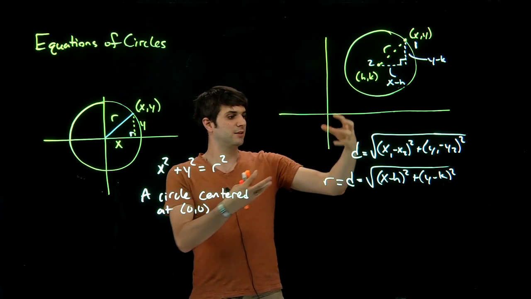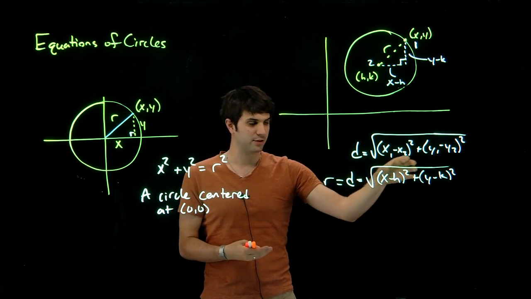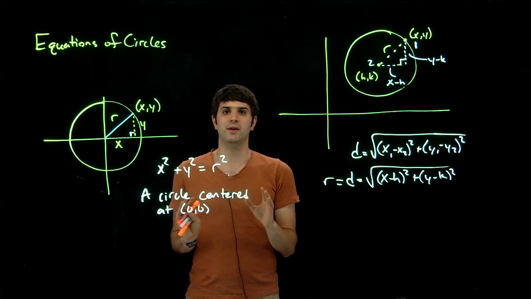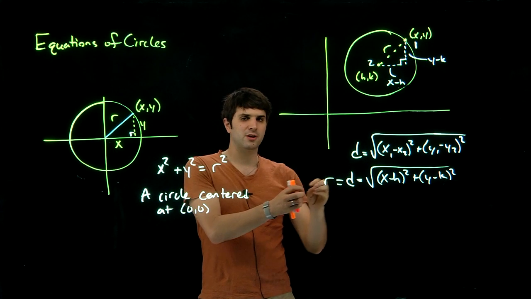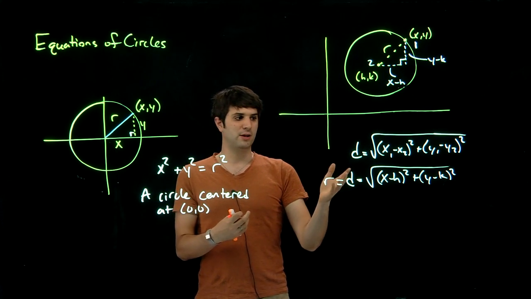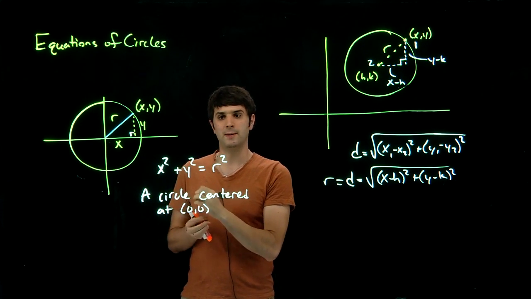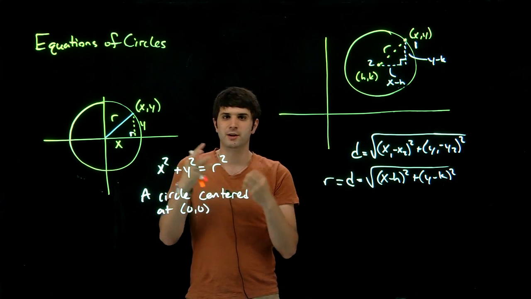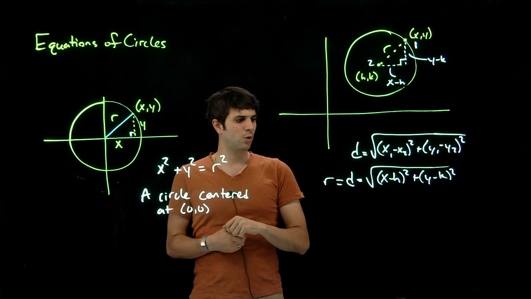That's why we see the same pattern. Wherever you see a root and a square, that is a dead giveaway that it came from the Pythagorean theorem somewhere. Equations of circles you'll get to in geometry, and you'll deal with them more in algebra 2. You see the Pythagorean theorem popping up all around mathematics, and it's really quite interesting.